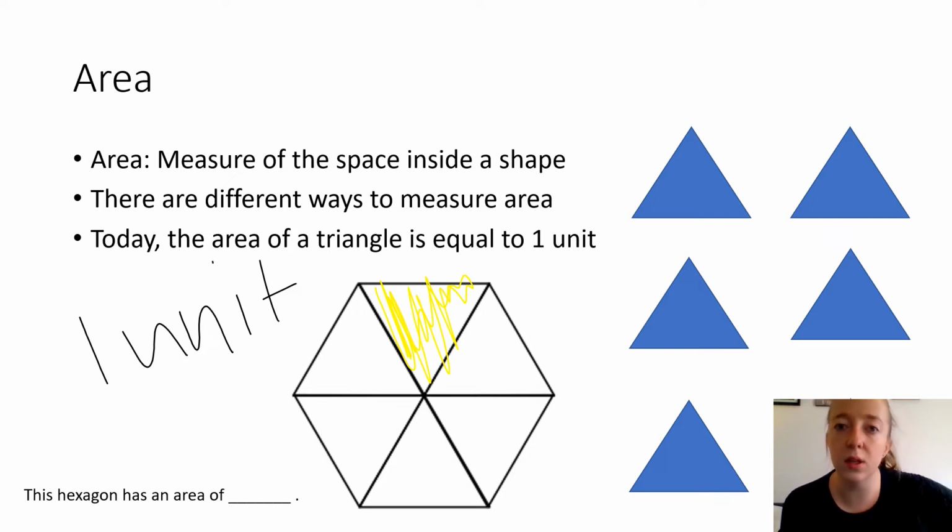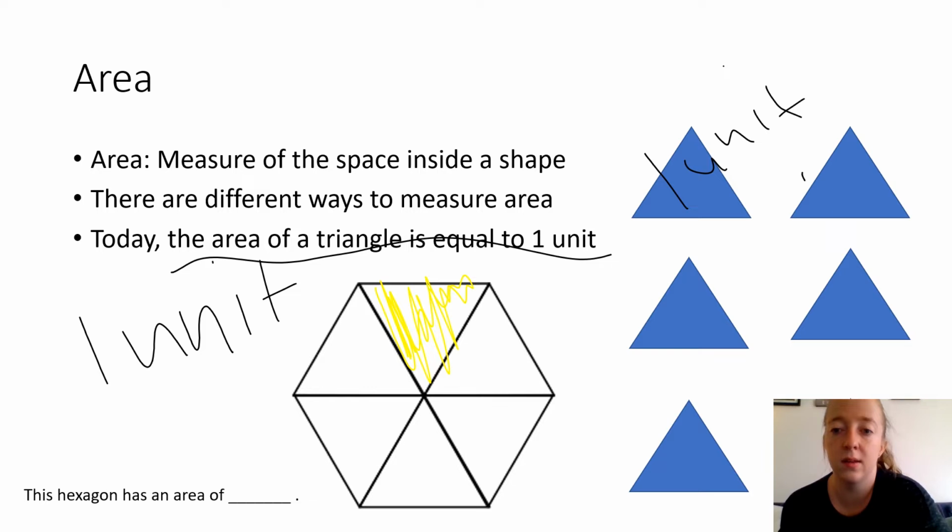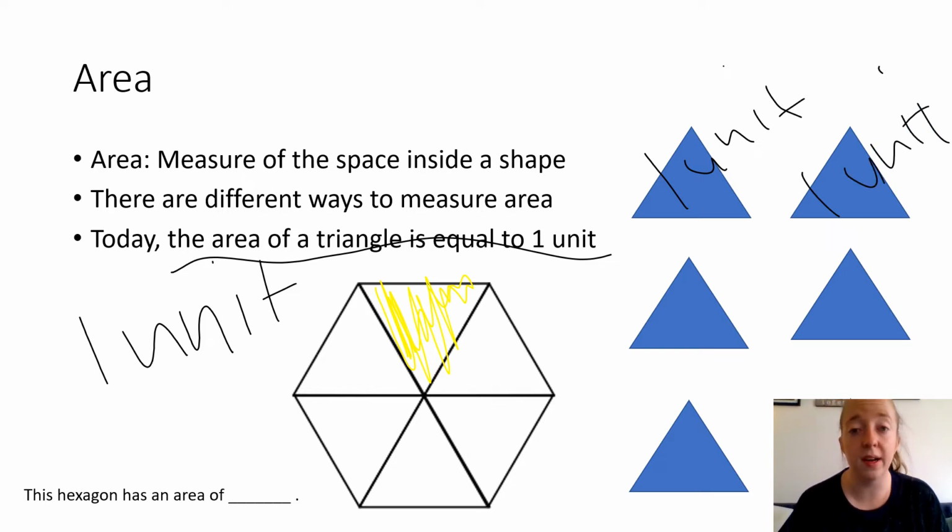Okay, so I want you to look at this hexagon, the big shape below. And I want you to think, what is the area of this hexagon if we know that the area of a triangle is equal to 1 unit? So we know a triangle is 1 unit, and we want to find out the area of the hexagon.